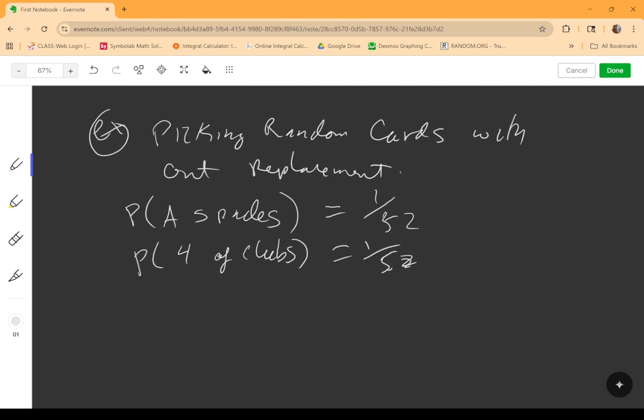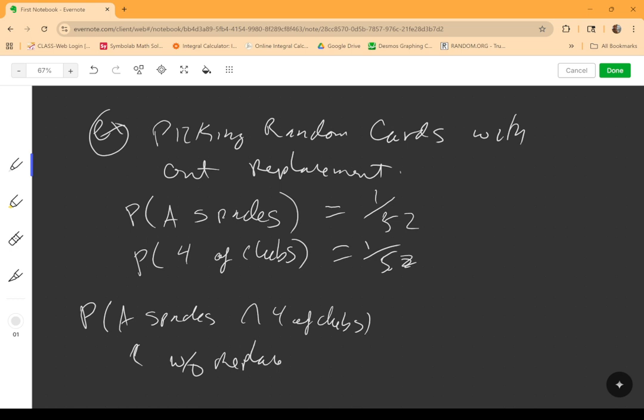Now, if you just think of these individually, you have the 52 cards, you pick one, and that would be your probability. But what if you were to do these consecutively? What would be the probability of getting, you're picking 2 cards, so A, ace of spades, and 4 of clubs. And again, here this is without replacement.